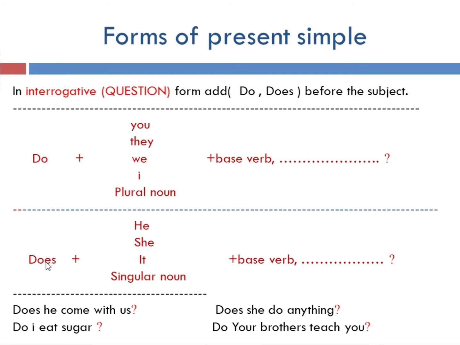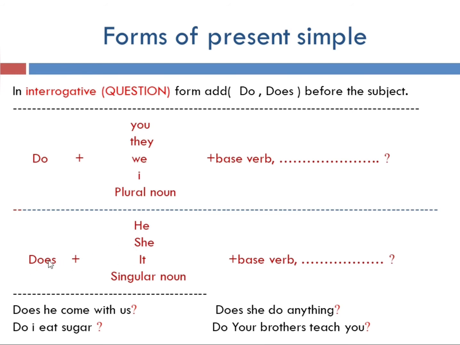For example, you can say, does he play? Does she want to come with us? Does it go? So when you're speaking, you can say does he, or you can say does she.